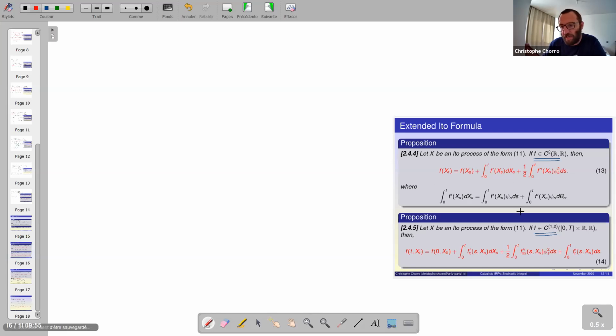So let's see, for example, this case. I have my Ito formula, and in fact, I have three integrals. I have this Riemann integral here. Keep in mind, this one is defined this way: it's an integral with respect to an Ito process.